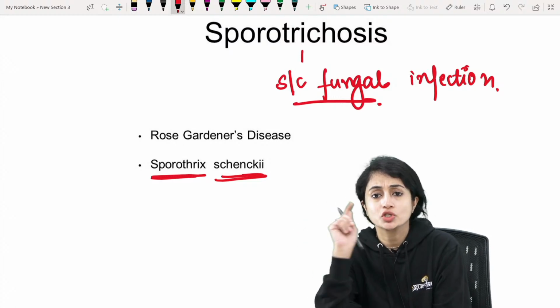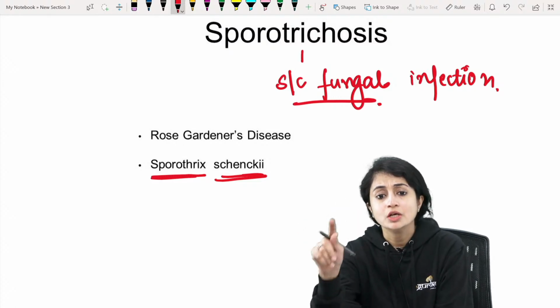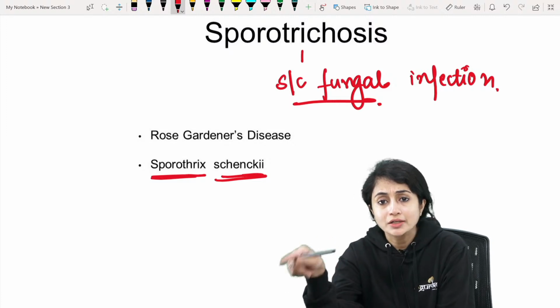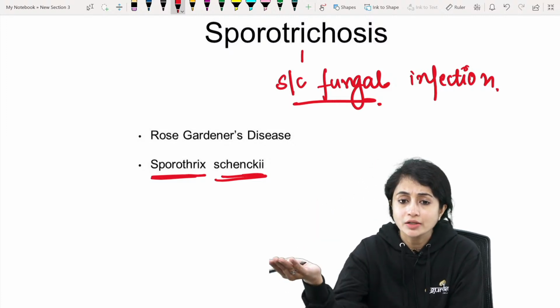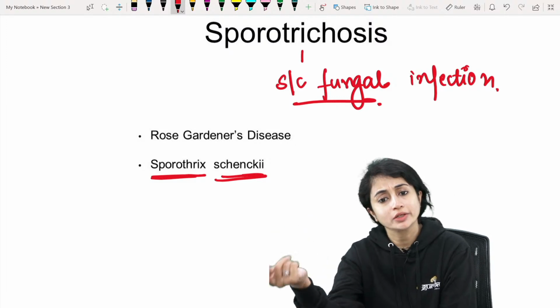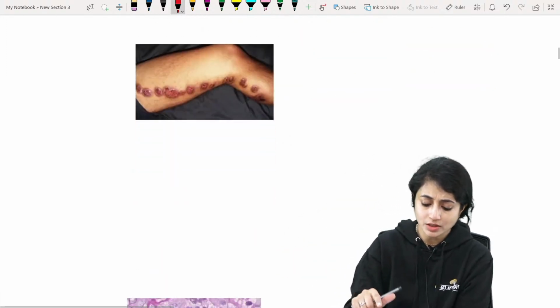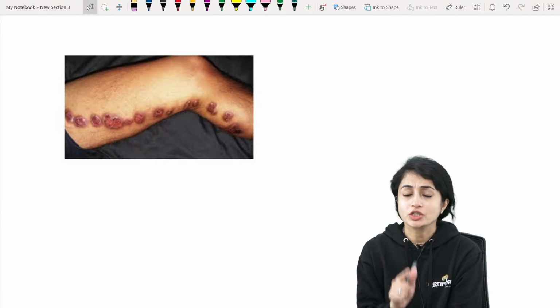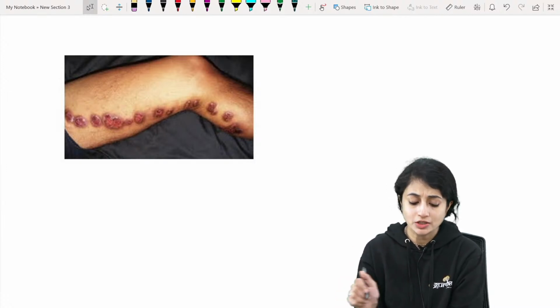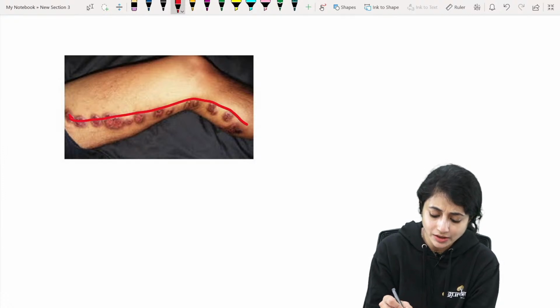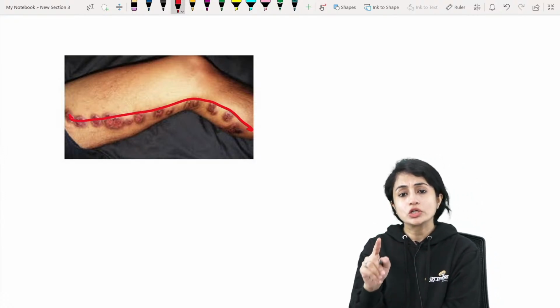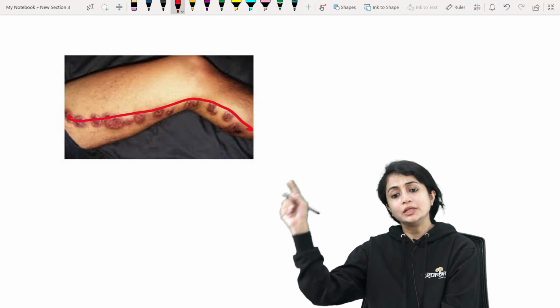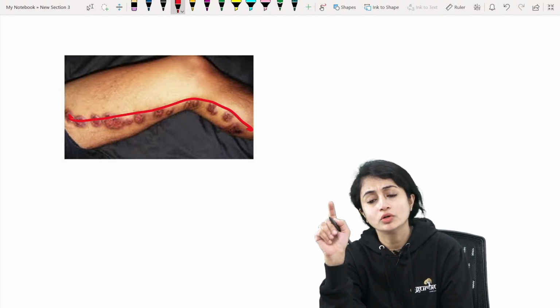Sporotrichosis is one such type of subcutaneous infection, which is also called rose gardener's disease, because a gardener who gets pricked by a rose thorn gets the disease. And the classical description of sporotrichosis is that this infection spreads along the lymphatics. So since the lymphatics are linearly arranged, I get nodules which are present in linear distribution along the lymphatics.